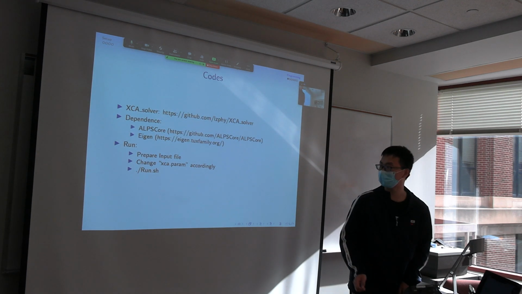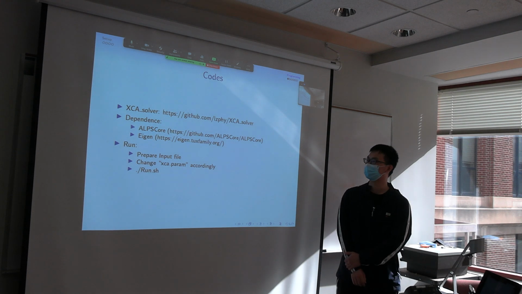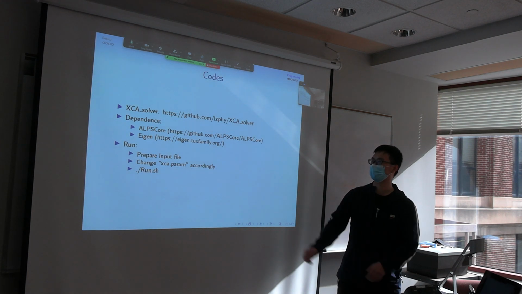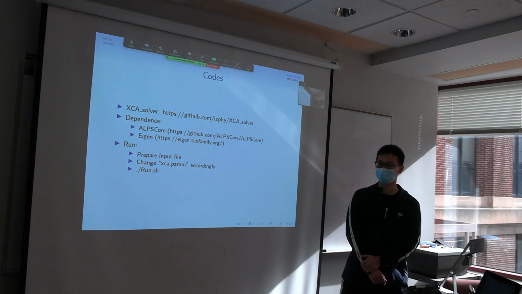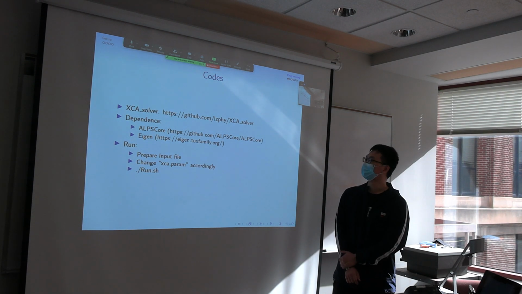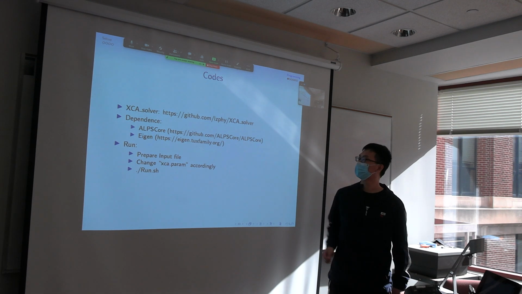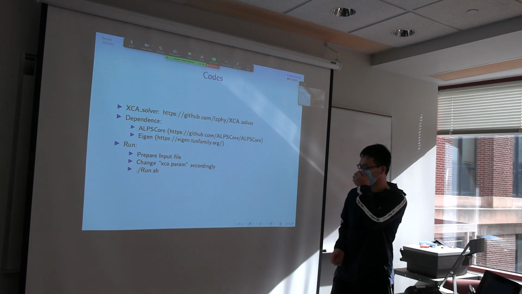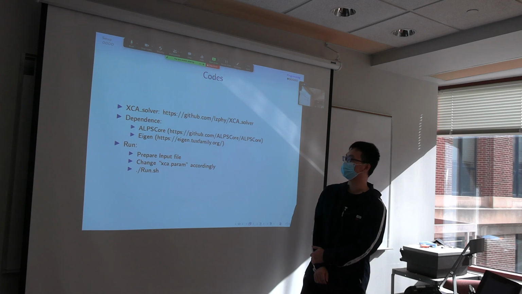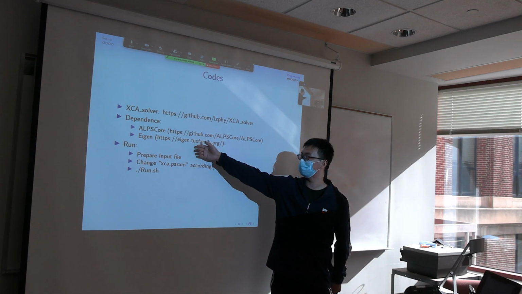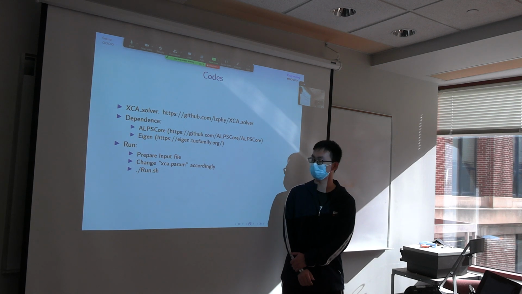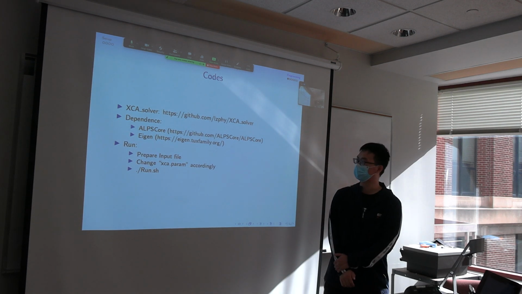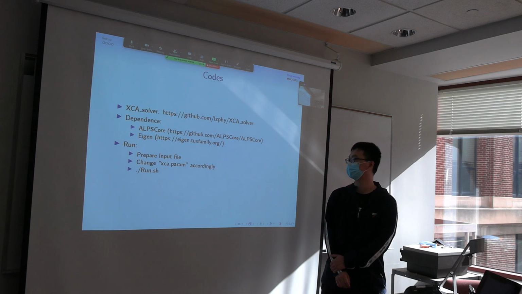Okay, finally, my code for the NCA OCA solver. I call it XCA solver because X can be a variable. It's on GitHub here, and it depends on two libraries. Library 1 is ALPSCore, and library 2 is the Eigen library for the matrix operation features.